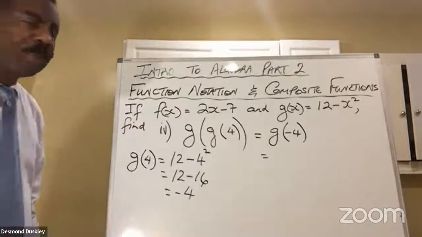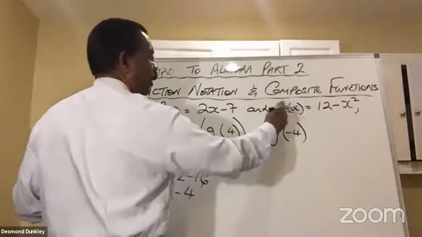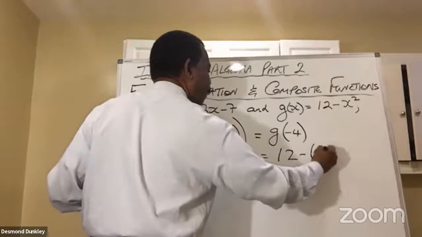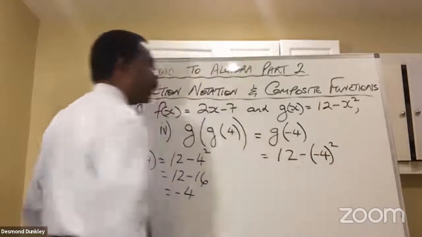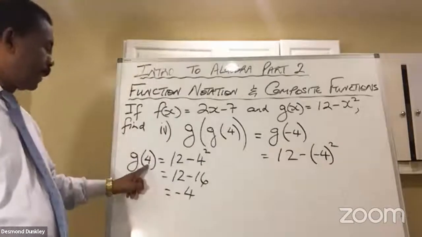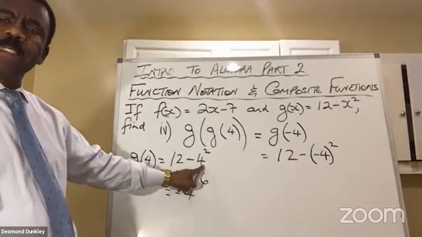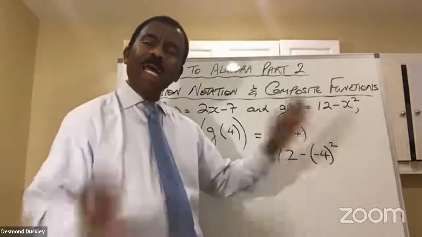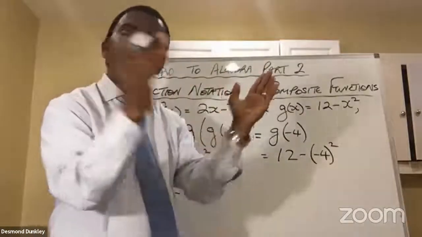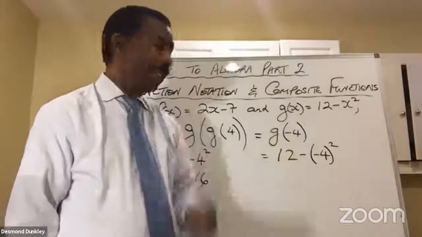And what is that equal to? Go back to the function. It's 12 minus (-4) squared. You notice because it's a negative, I put it in parentheses. When it was positive, I didn't have to put it in parentheses. But because it's negative, I have to put it in parentheses so you know that it's a negative times a negative. Otherwise, you'll make a mistake.